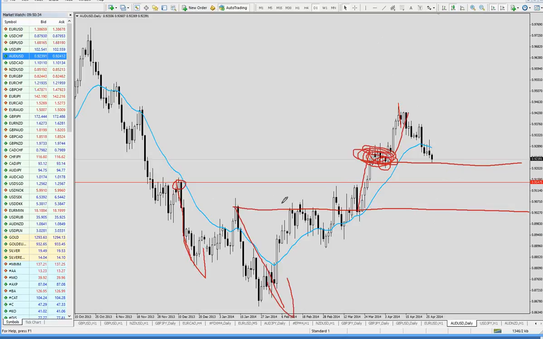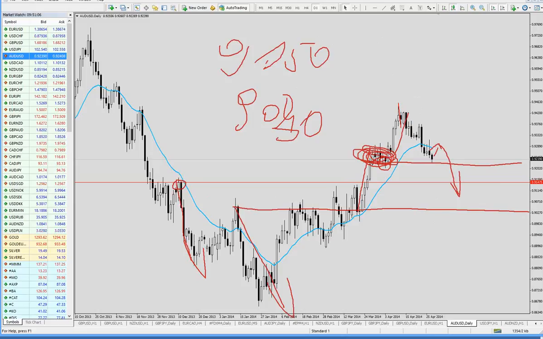But overall, maybe we can see one more bounce and then continuation. But okay, so on daily overall, I do expect some weakness towards 91.50 or maybe 90.30. 91.50 and 90.30.